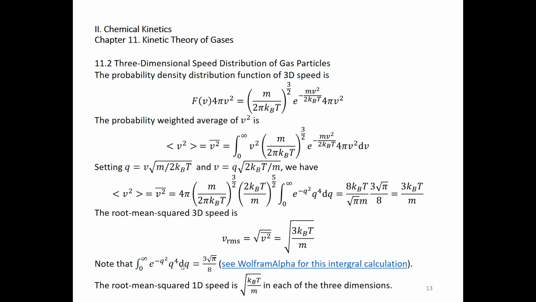You do need to know how to evaluate this. The probability density function of the three-dimensional speed is this. Now let's look at the probability weighted average of v squared. Sometimes we'll just say this is the root mean squared. Why? Because we square this v first, and we take the average, and then we take the square root.